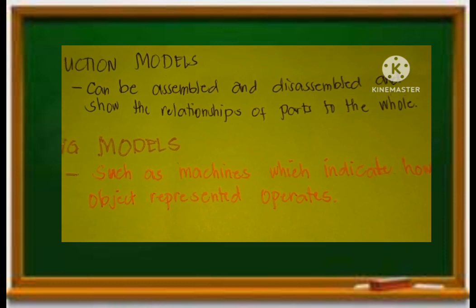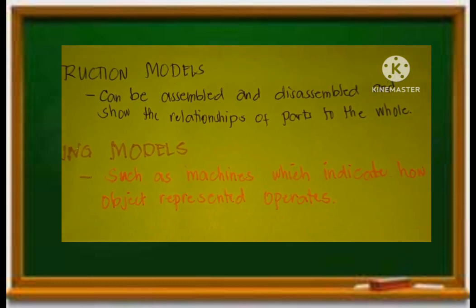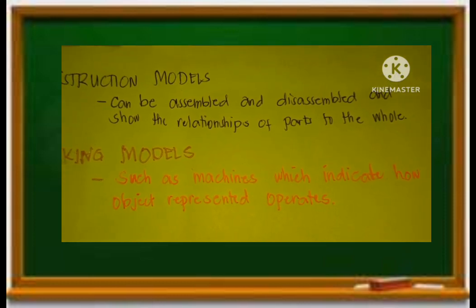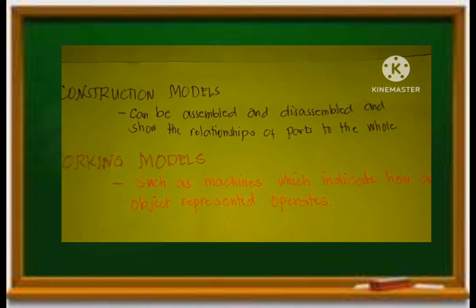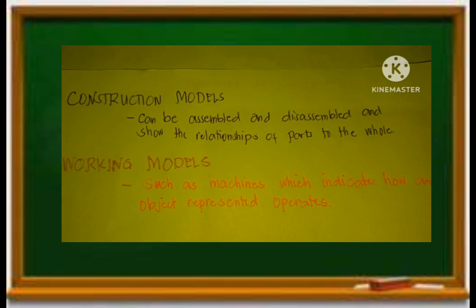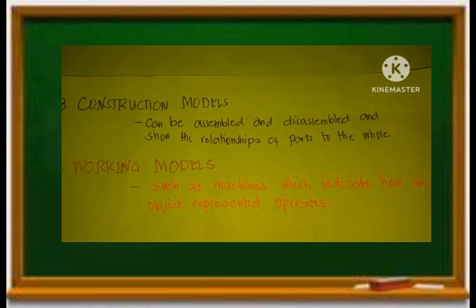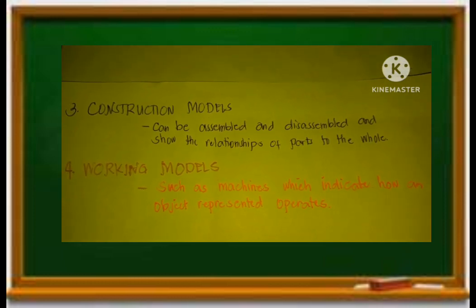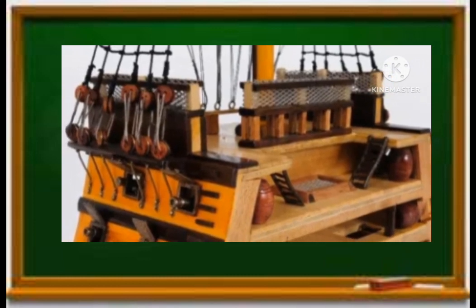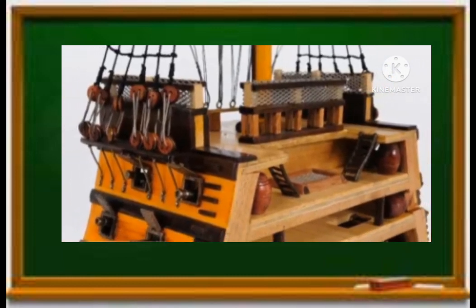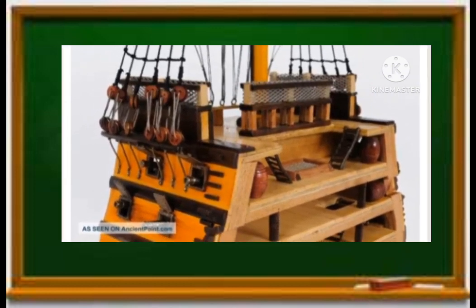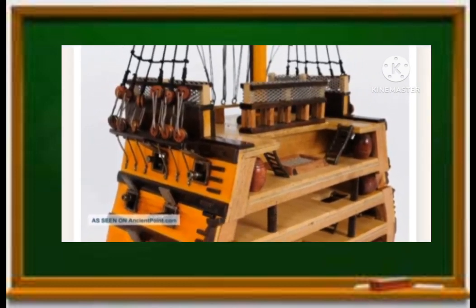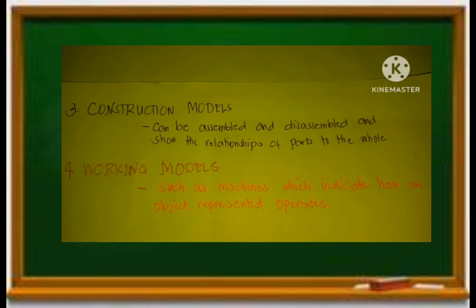And the third classification of models is the construction models. They can be assembled and disassembled and show the relationships of parts to the whole. An example is the tall ship model, which you can disassemble and also assemble again. This tall ship model is made of wood.